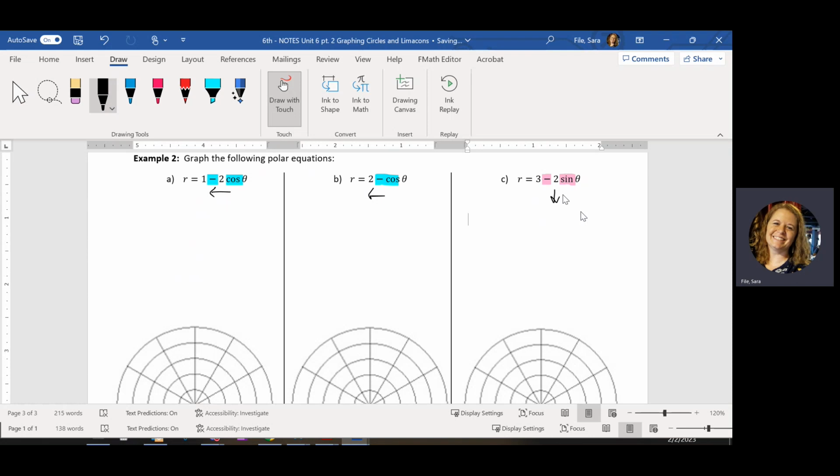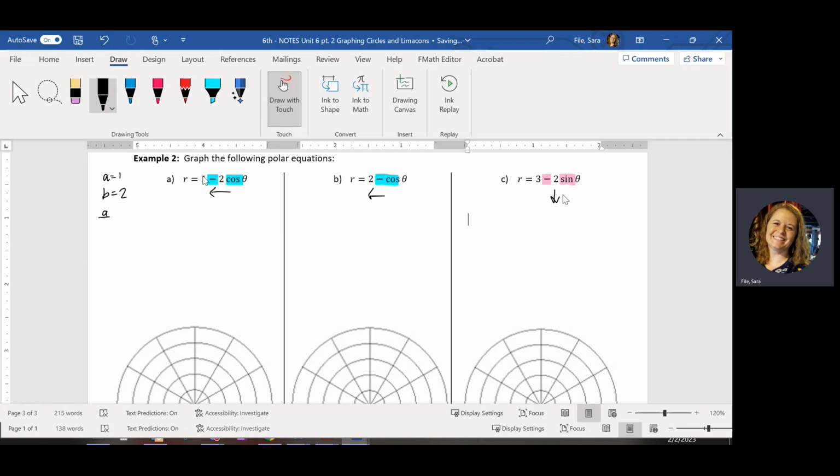Okay, now we want to know the shape. So I'm going to identify, first of all, what is A and what is B. We'll do problem A first. Okay, A is 1, B is 2. So if I do my ratio, no, the negative is telling us the direction.